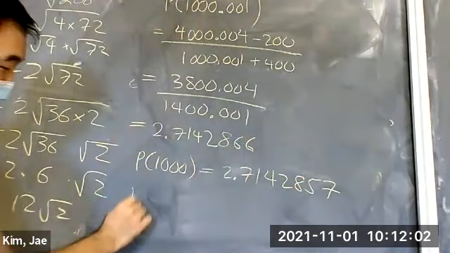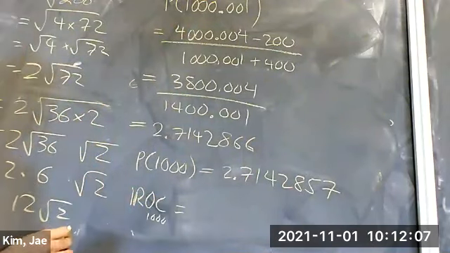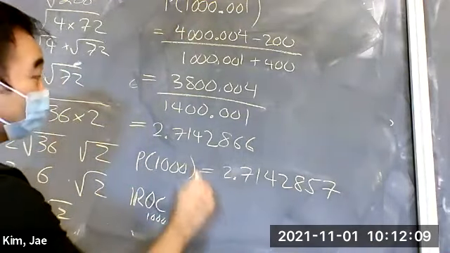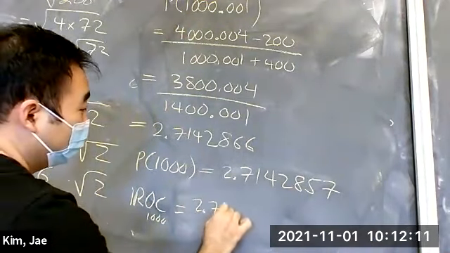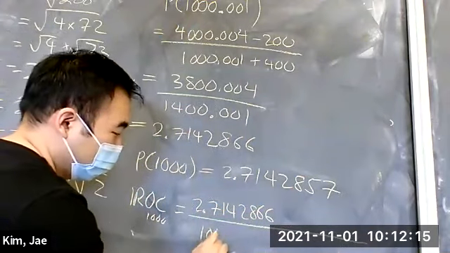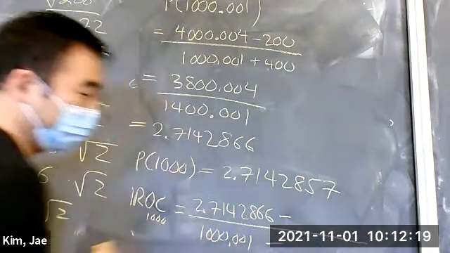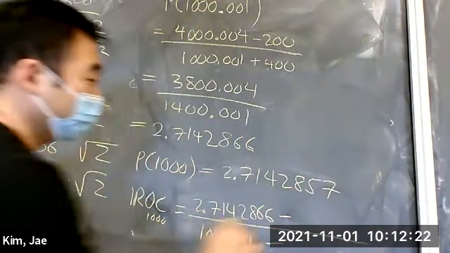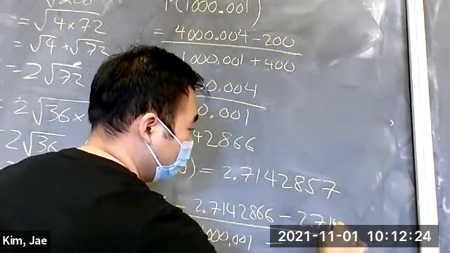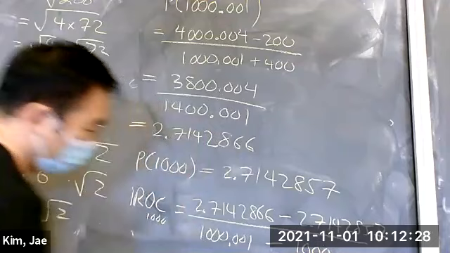So my IROC at 1,000 is going to be 2.7142866 when I use 1,000.001 minus 2.7142857 when I use 1,000.